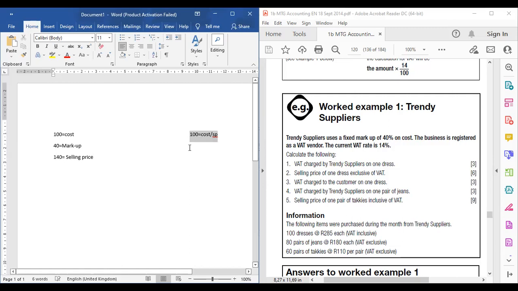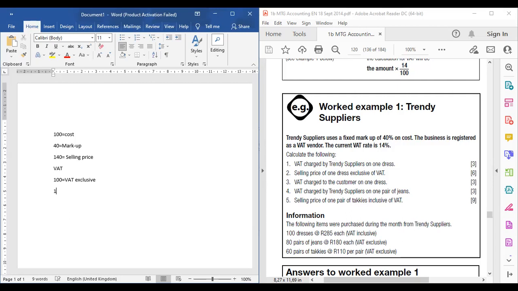Okay, let's remove this. I don't want to confuse you. So this is what's happening. When it comes to VAT, we're going to have 100 is equals to cost or selling price, VAT exclusive. If it's VAT exclusive, it doesn't have VAT.